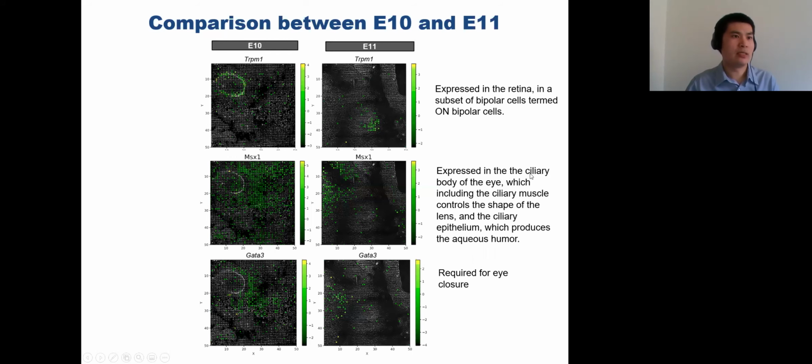It is expressed in the cellular body of the eye, which includes the muscle that controls the shape of the lens. So they play important roles in shaping the eye, because you don't want the eye to grow without any control. And then you have another eye closure related gene, GATA3, which is also showing surrounding the eye region.